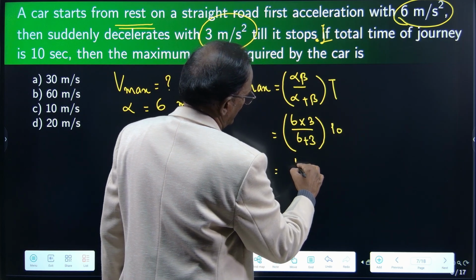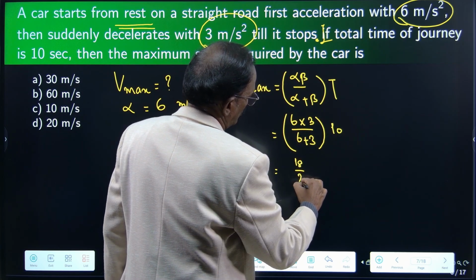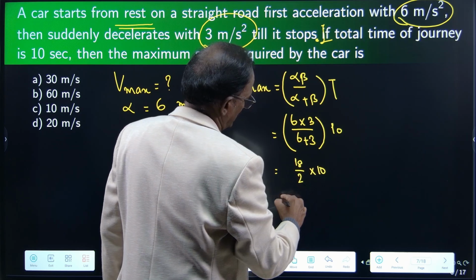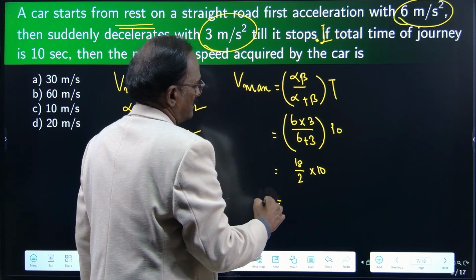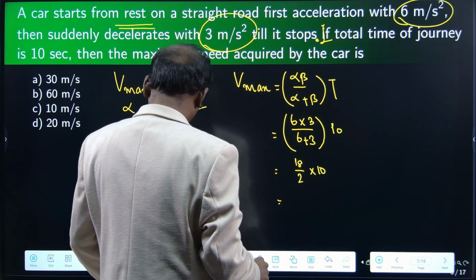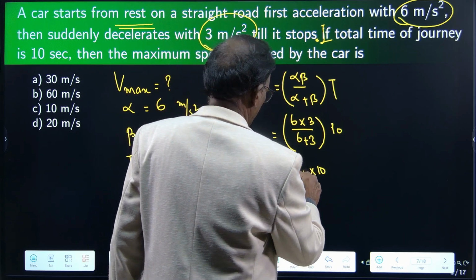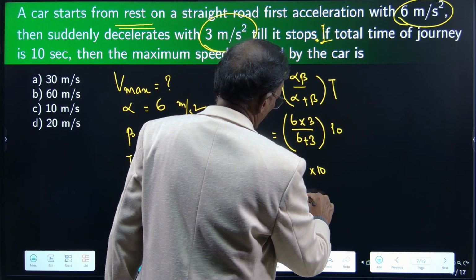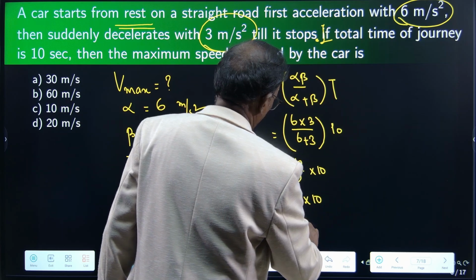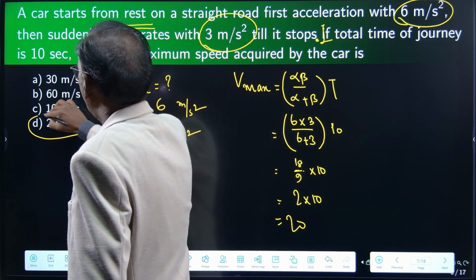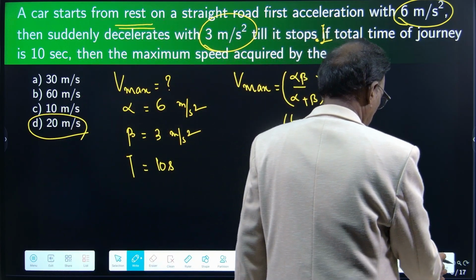So this is 18 by 9 into 10. So 2 into 10, 20. The answer is option D, 20 meter per second.